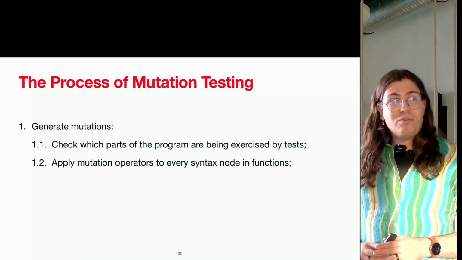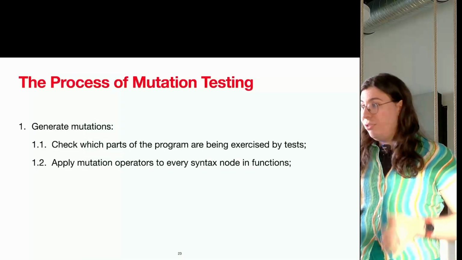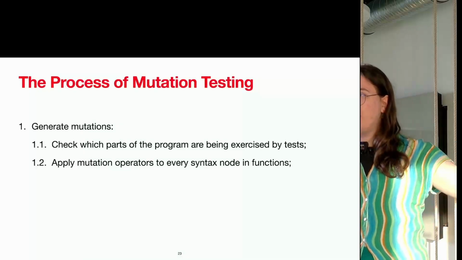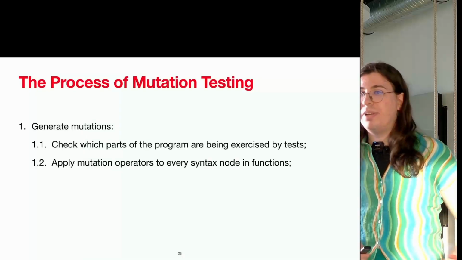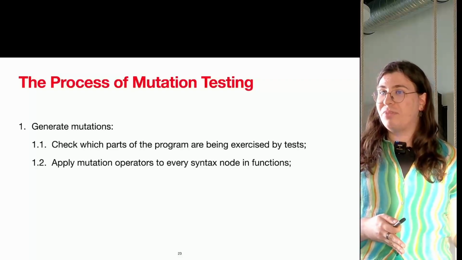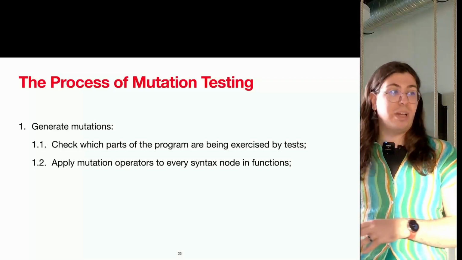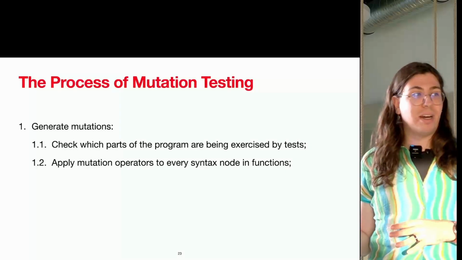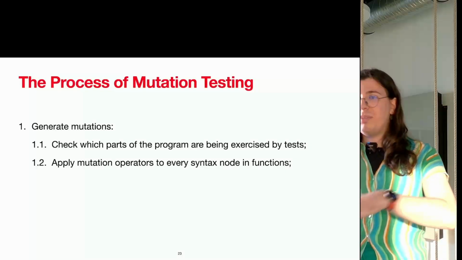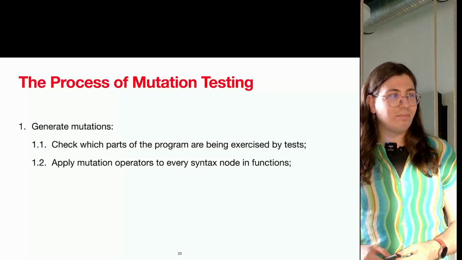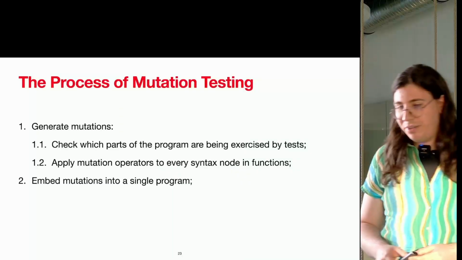Then within the parts of the program that you do exercise, we apply the operators that we've talked about previously, the ones that map some original piece of syntax to its mutated counterpart, into every single possible place within those functions that we can. So every single syntax node.